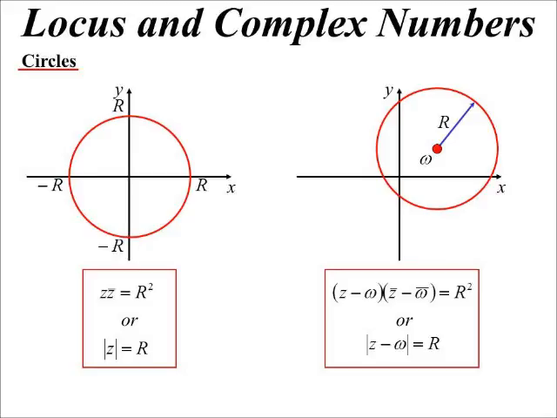So modulus of z minus omega, the length of a line, is a constant amount, and omega is constant, it's not moving, z is the thing that's moving, so it must map out a circle. And it sticks with the idea of point on the circumference minus the centre, which is what we're used to with circles. So hopefully we recognise those sorts of things straight away, and we know that's going to be a circle.